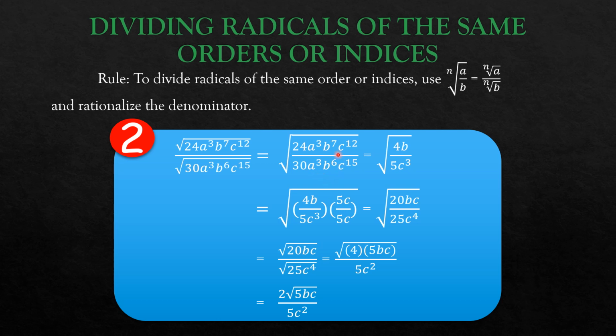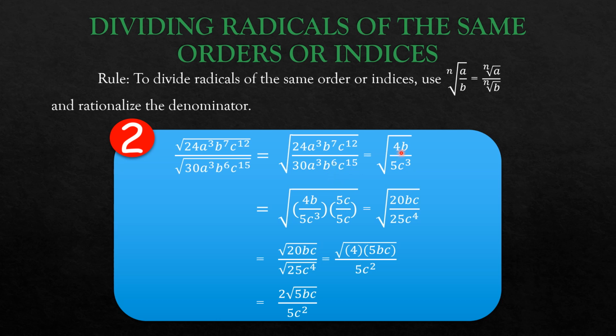And then dito naman, b raised to 7 divided by b raised to 6. So, again, in dividing expressions, we copy the base, and then we subtract the exponents. Kaya dito, b na lang po yung naiwan, it's because 7 minus 6 is 1.